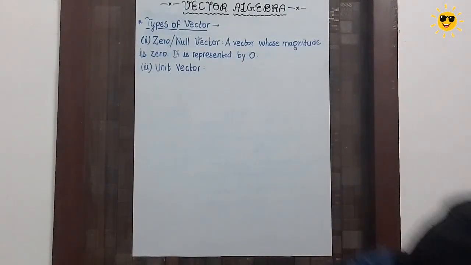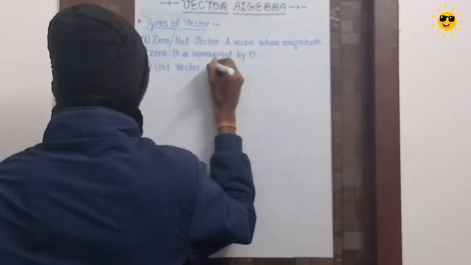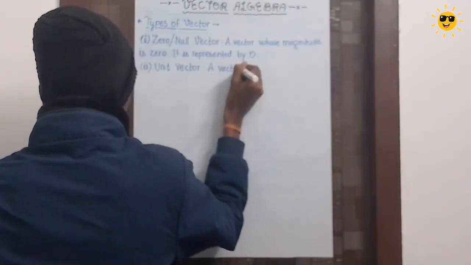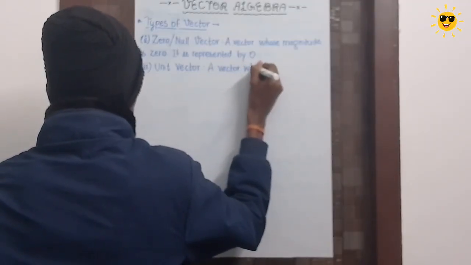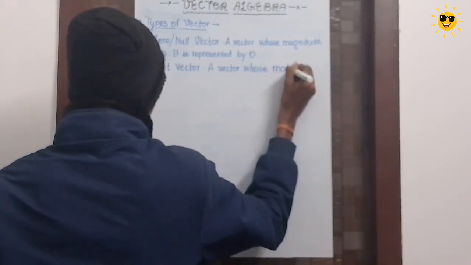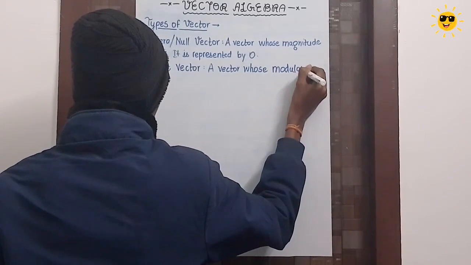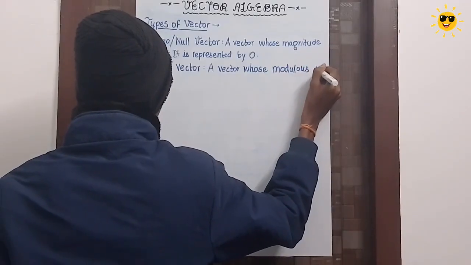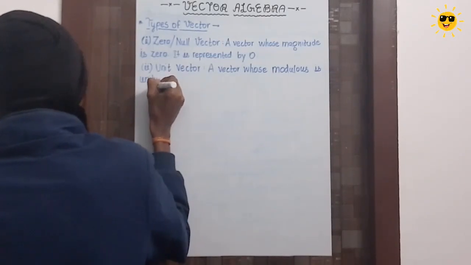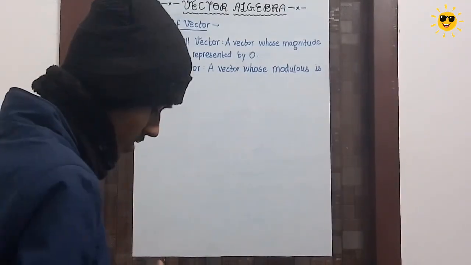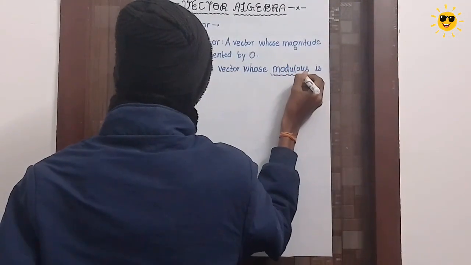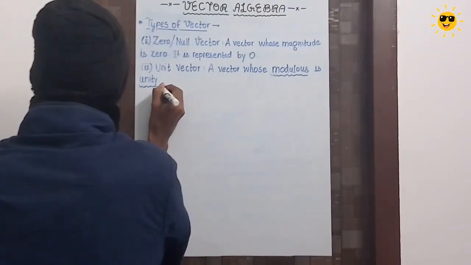A vector whose modulus is unity. Now, what does modulus mean? What does unity mean? What do these two words mean?